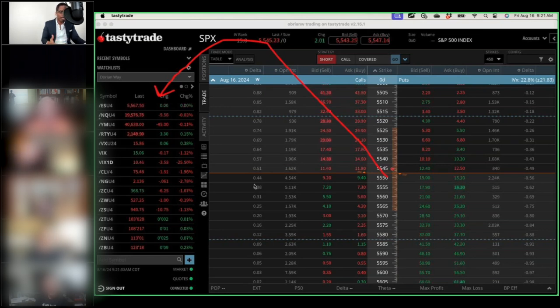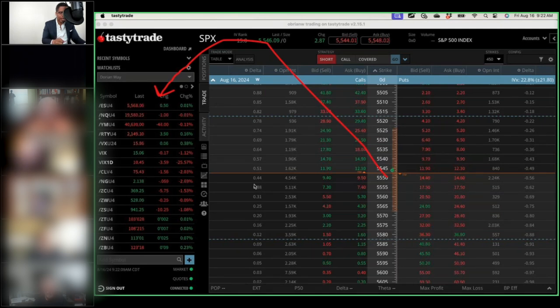The moves were so big and so unpredictable that we stopped trading the 1DTE strategy for a couple weeks, the first time we've done that in years, because the market has been so unpredictable, and the markets can do that to you. The old term, Mr. Market is going to eventually beat you. And so when it does, you want to make sure that you have the framework in place so that you don't destroy your account.